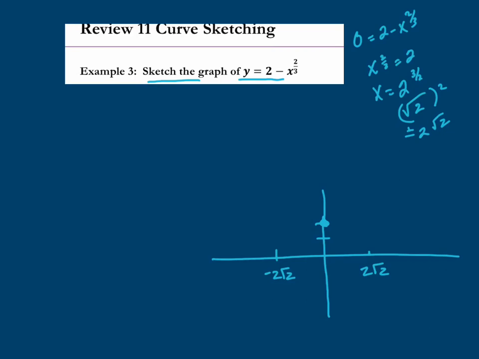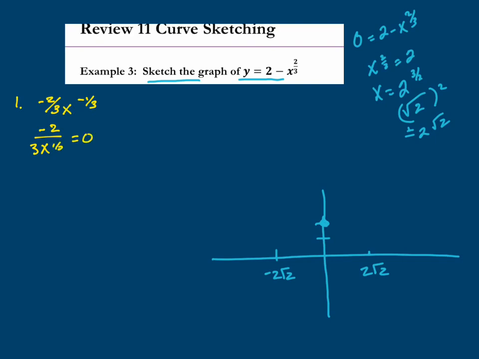So the first derivative is negative 2/3 x to the negative 1/3, okay? Subtracting 3/3 from 2/3 we get negative 1/3, and that's equal to negative 2 over 3x to the 1/3.